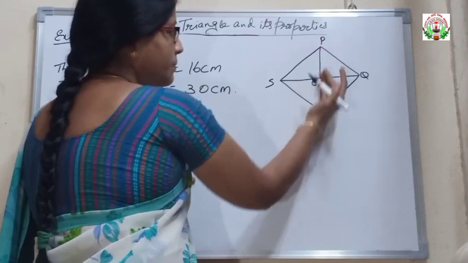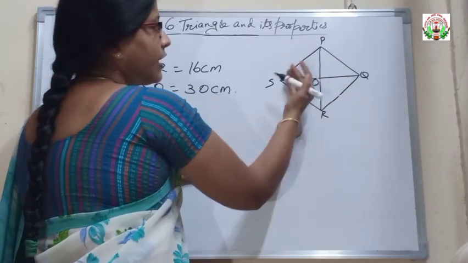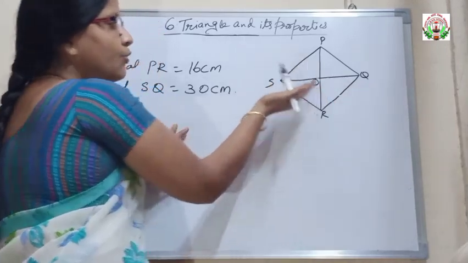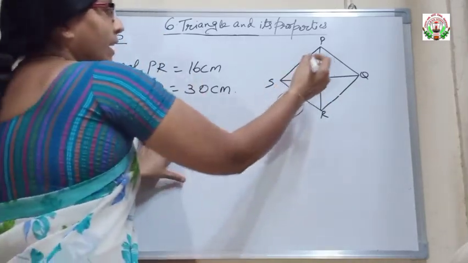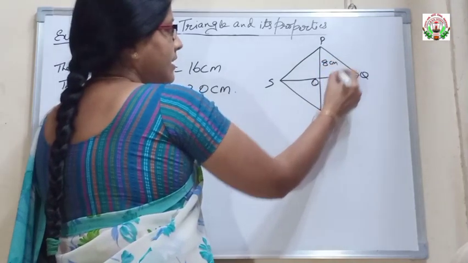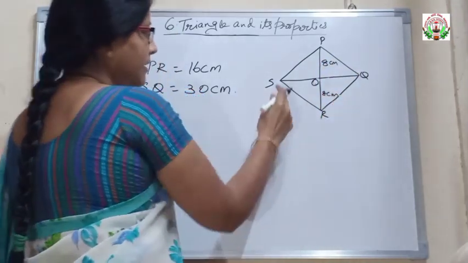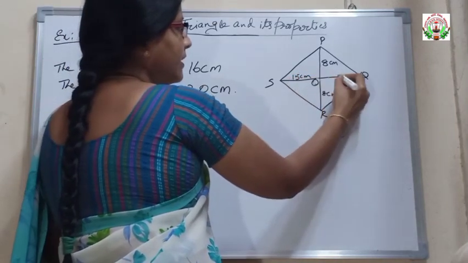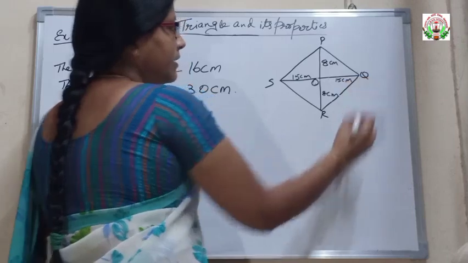PR is dividing it into 2 equal parts and the other diagonal SQ is also dividing into 2 equal parts. So from 16, it is 8 centimeters here, 8 centimeters here. Next from 30, it is 15 centimeters here, 15 centimeters here.